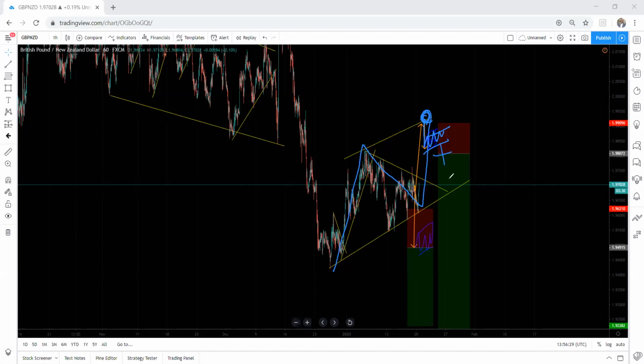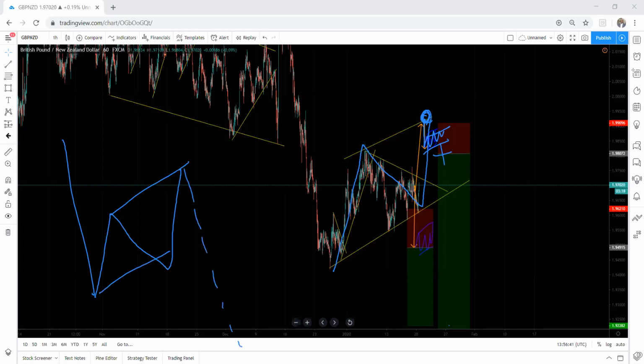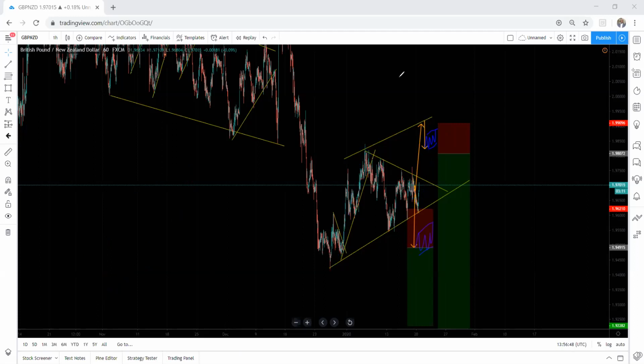As it's going down, let it pick you up, and move to the downside. So this one will now be impulse, 1, 2, 3, three-wave corrective structure, and then what? Boom, to the downside. That is GBP NZD.